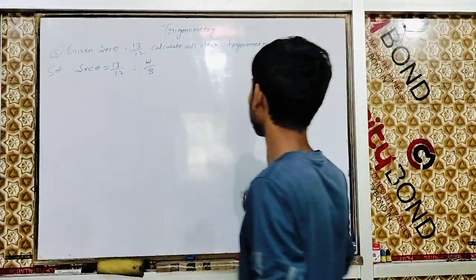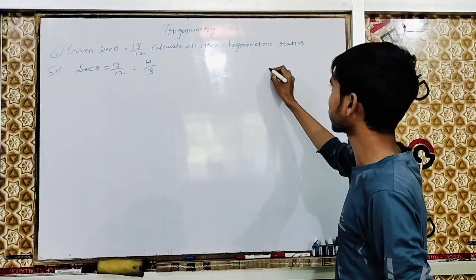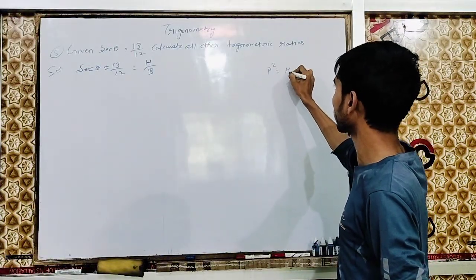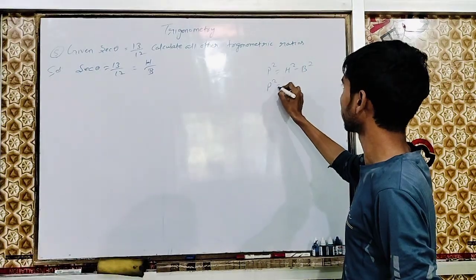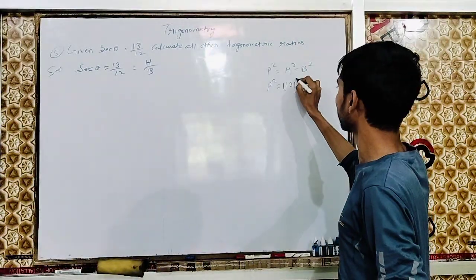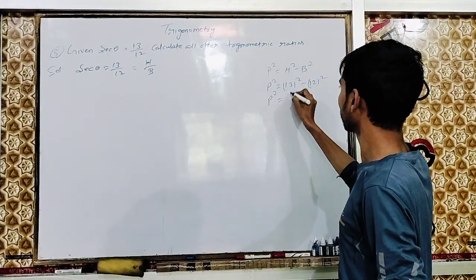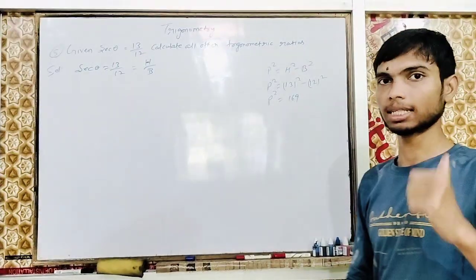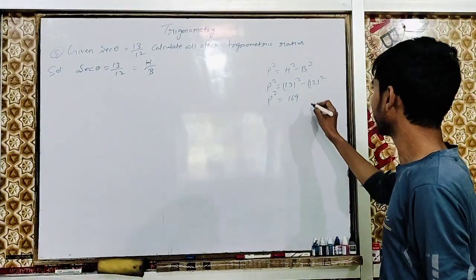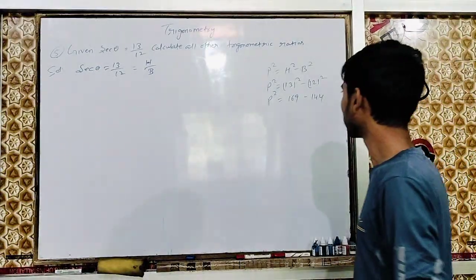In that case, we will use the Pythagorean theorem. So for perpendicular, h square minus b square. P is not given. H is 13 and b is 12. Here it would be 169. 169 is the perfect square of 13, and this is 144, the perfect square of 12.